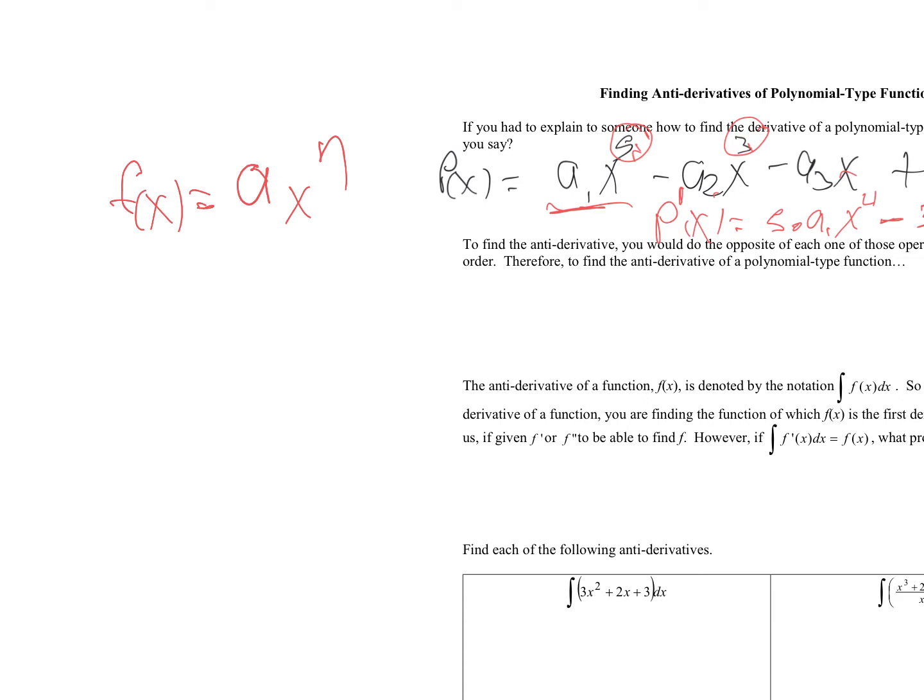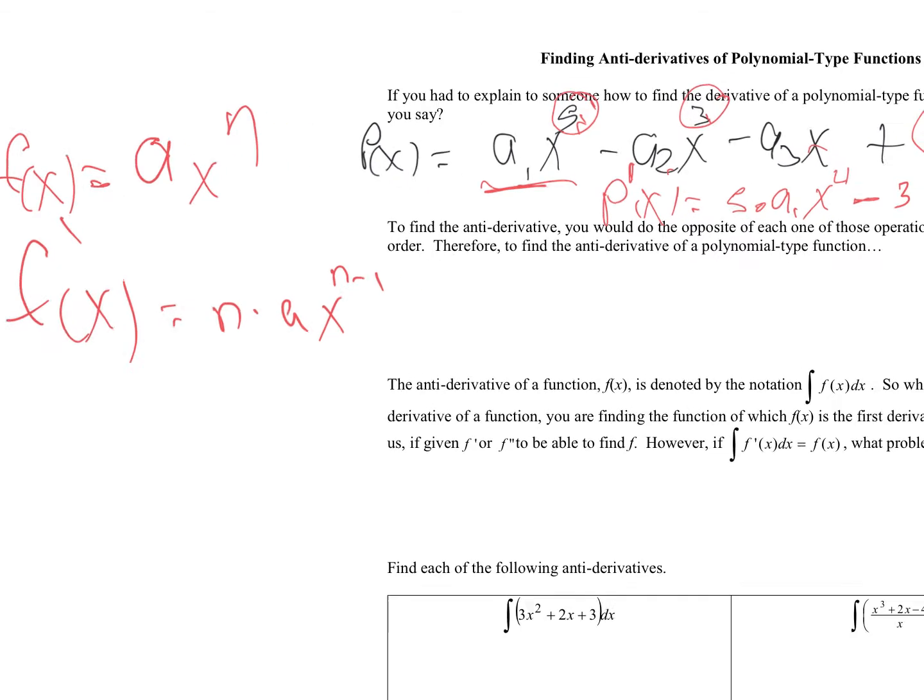So the definition of the derivative was, say the same thing again. Take the power and multiply by the constant. Go read it to me. It's a x to the n. So it's n times a x to the n minus 1. Perfect. So that's what you would tell somebody. If all you're doing is a polynomial, you'd have to do this to every single term, right?